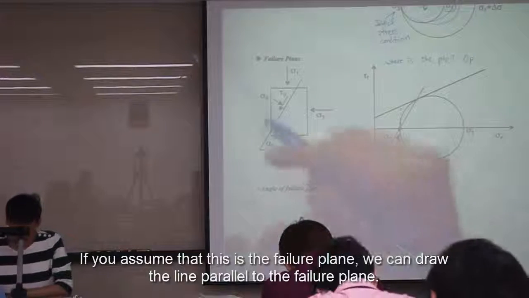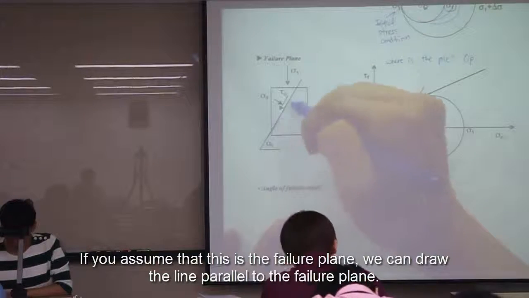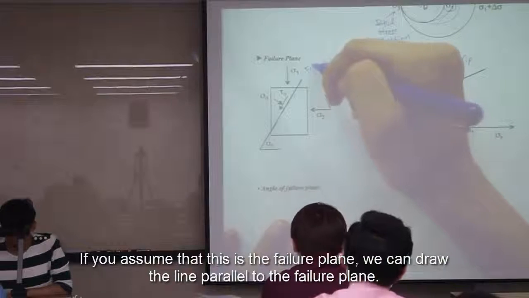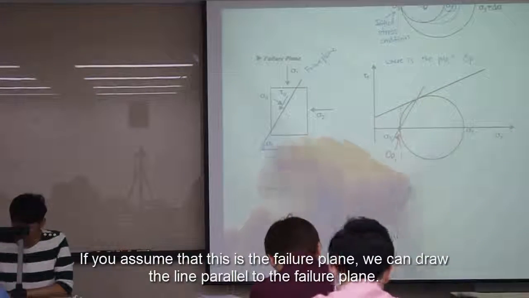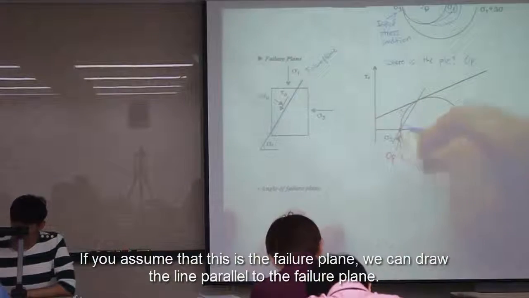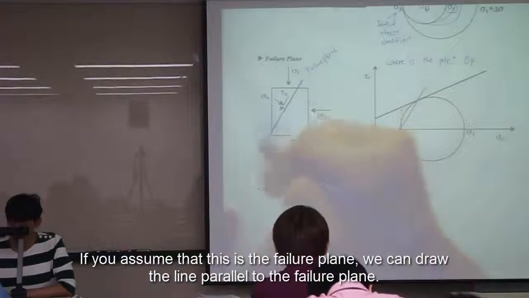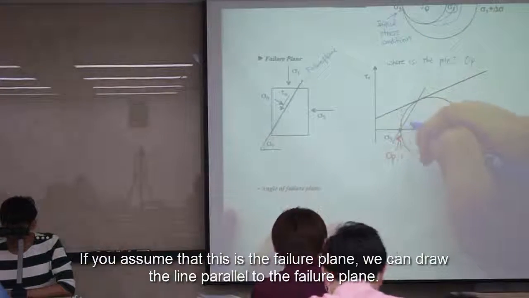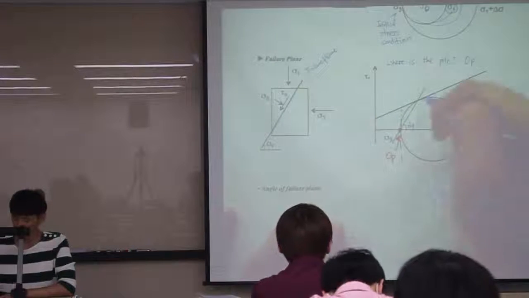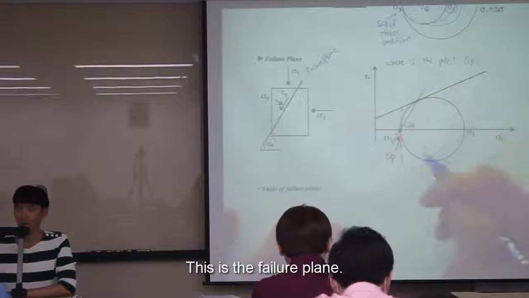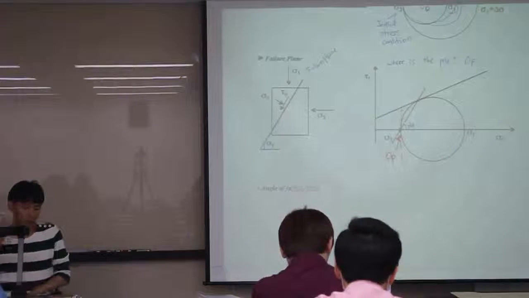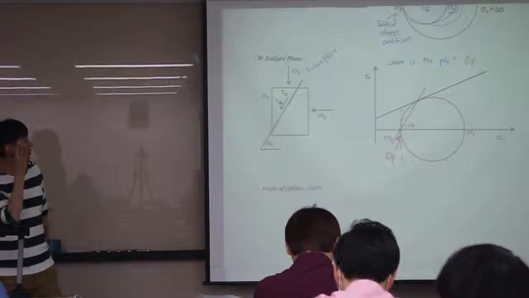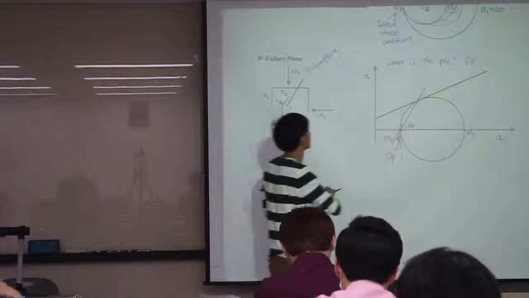And if we assume that this is the failure plane, alpha f, we can draw a line parallel to this failure plane. This is alpha f. Then this is the failure plane. Or we can say, let's say oppositely, this way.